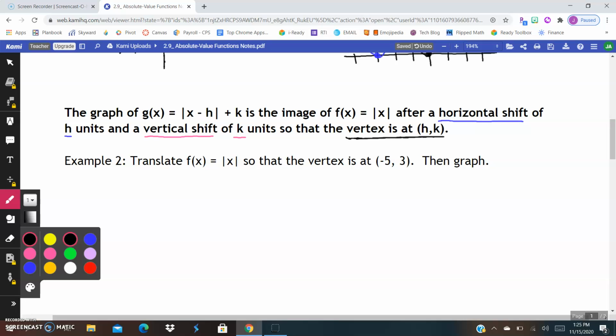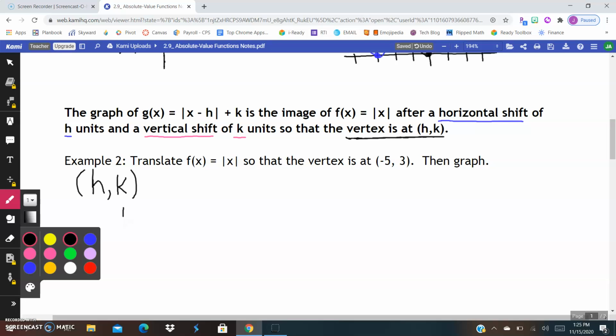So for example 2, we have to translate f of x equals the absolute value of x so that the vertex is at -5, 3, and then graph it. So remember the k is what moved it up or down, and that is actually going to be the y value in our ordered pair. So if we have h, k, k is up or down, and it looks like this one is going to be moved 3.